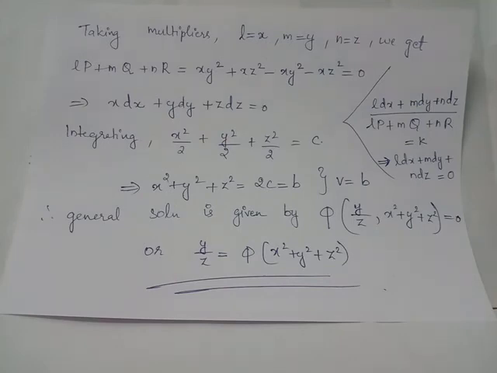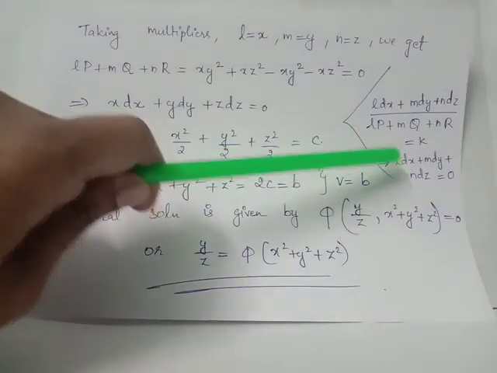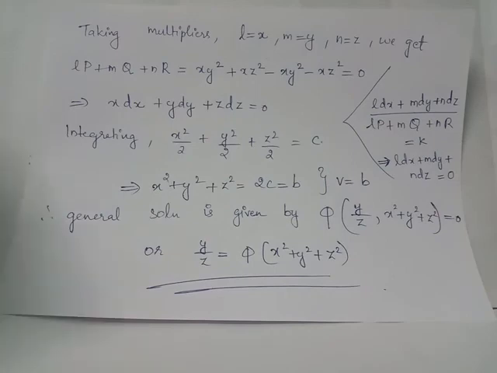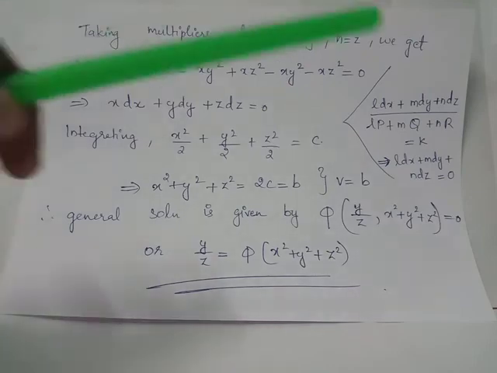Here we have L equals x, M equals y, and N equals z. Therefore L dx plus M dy plus N dz equals 0 can be written as x dx plus y dy plus z dz equals 0. Here we selected L, M, N such that the denominator entirely vanishes. Whenever you have such a combination, you can easily equate the combination L dx plus M dy plus N dz equals 0 because of this reason.